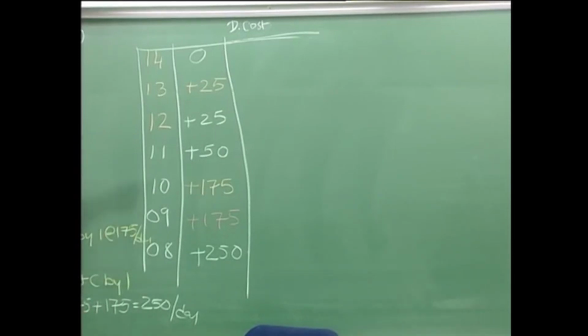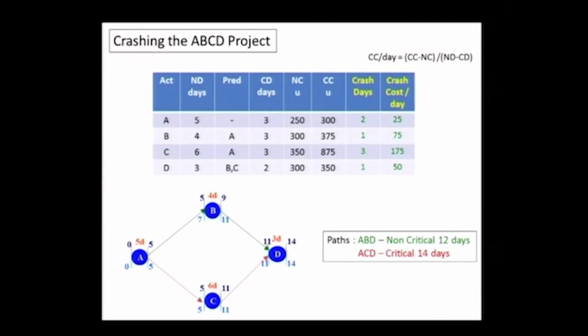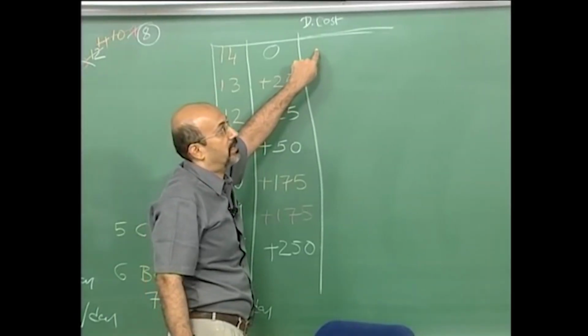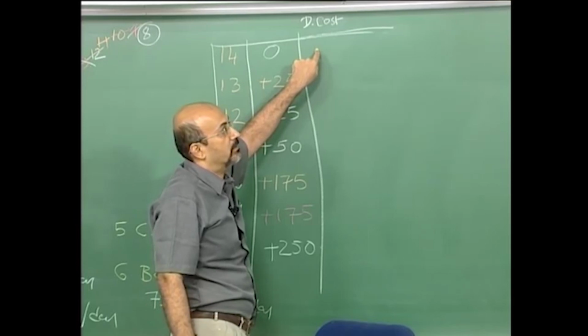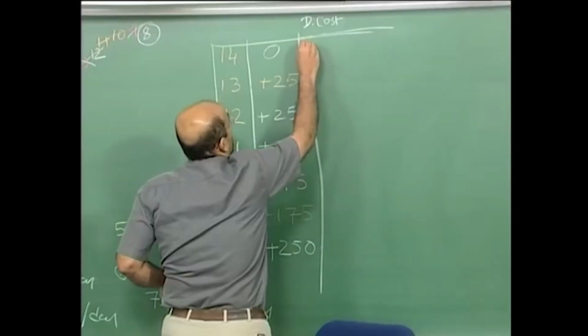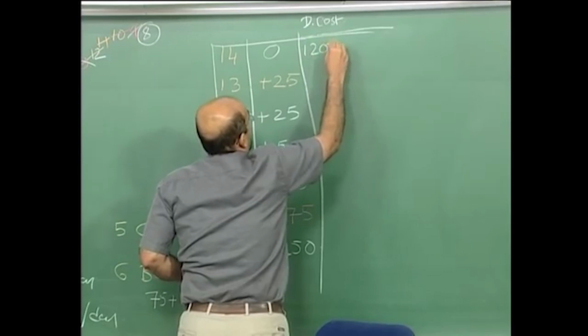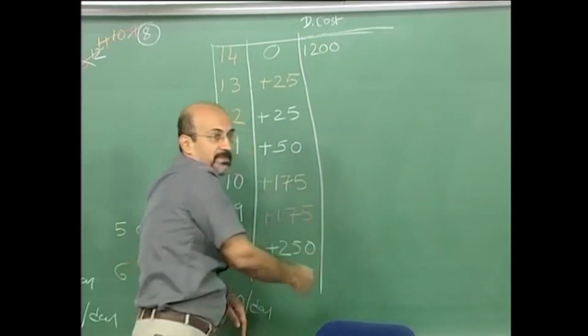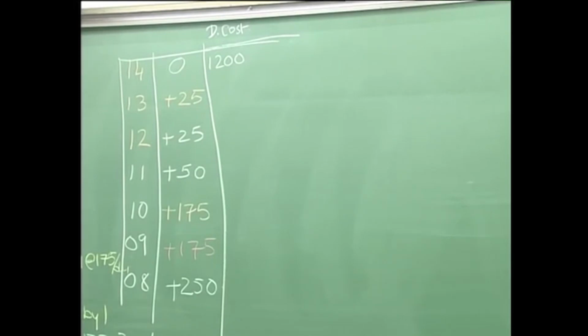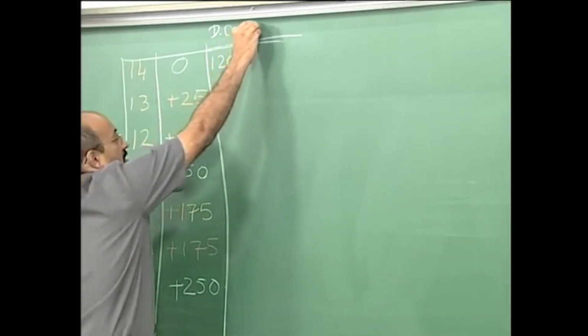So you can see that if I did this within 14 days, what is my total cost? Base cost is how much? You can add up. So that is the normal cost: 250, 300, 350, 300, 1200. And as I go down, my cost keeps increasing. Okay, so I can now do this computation.